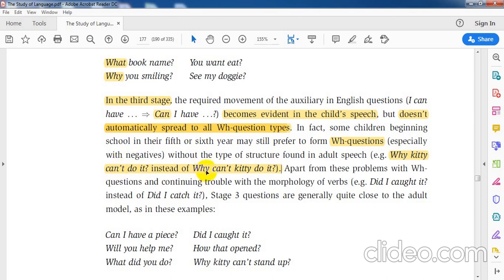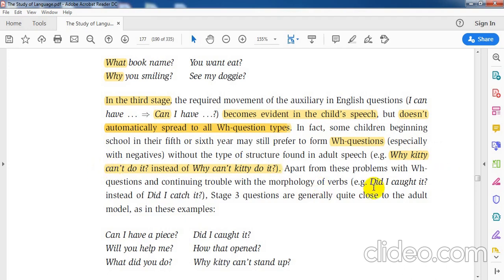However, it should be why can't Kitty, not why Kitty can't, because grammatically speaking, after the WH question word why, we start with the auxiliary, then we move to the subject. But what the child did here in this example, why Kitty can't do it, is prefer to use the subject before the auxiliary verb, which of course is not grammatical.